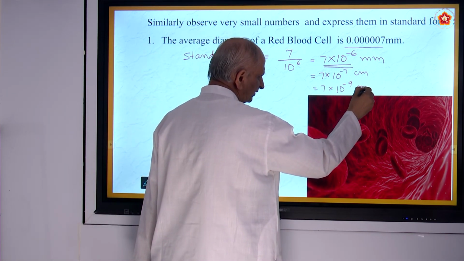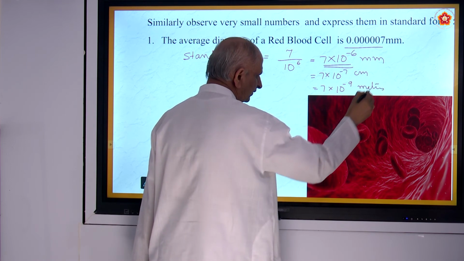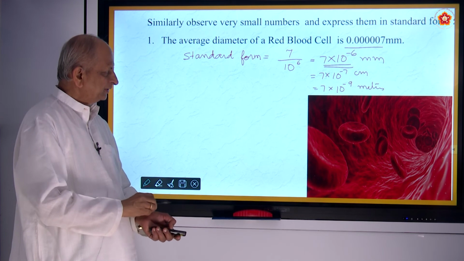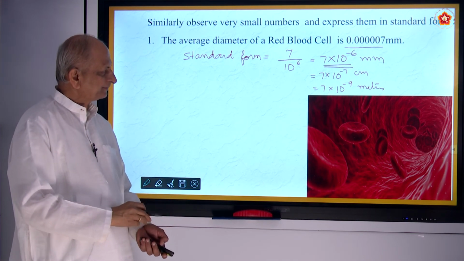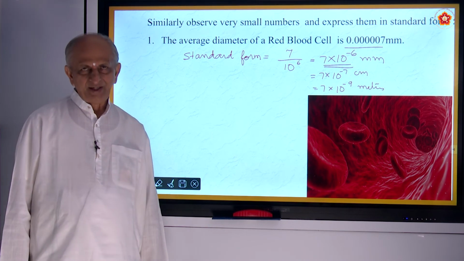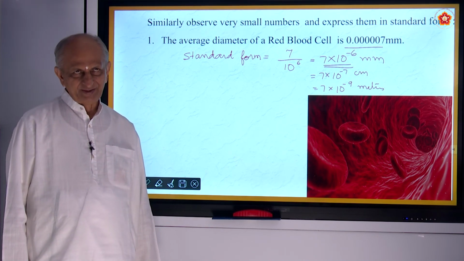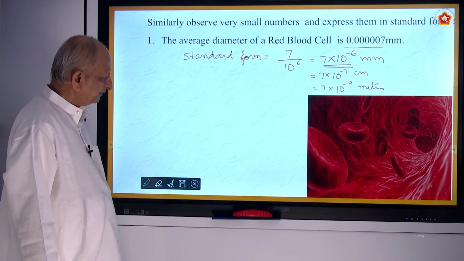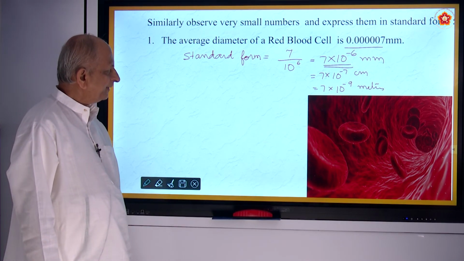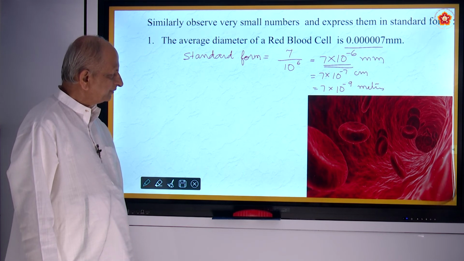So much of meters. It is a standard unit, meters. 7 × 10⁻⁹ meters. That is the size of a red blood corpuscle, RBC, red blood cells, okay. And that is one of the smallest particles.